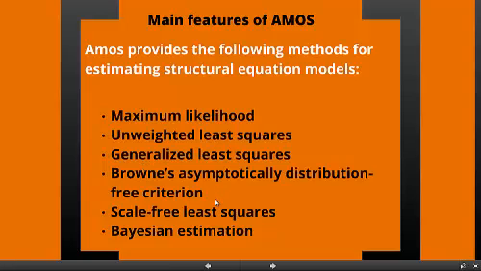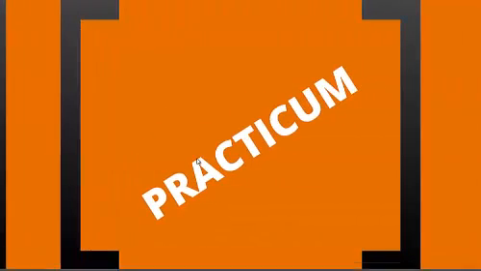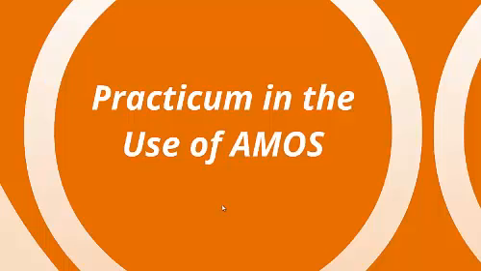So it provides these features, these methods. At the background, you don't need to be bothered about this, and it will do all of this at the background for you. Enough of the talk. Now let's move on to the practical. Let's see AMOS in action.